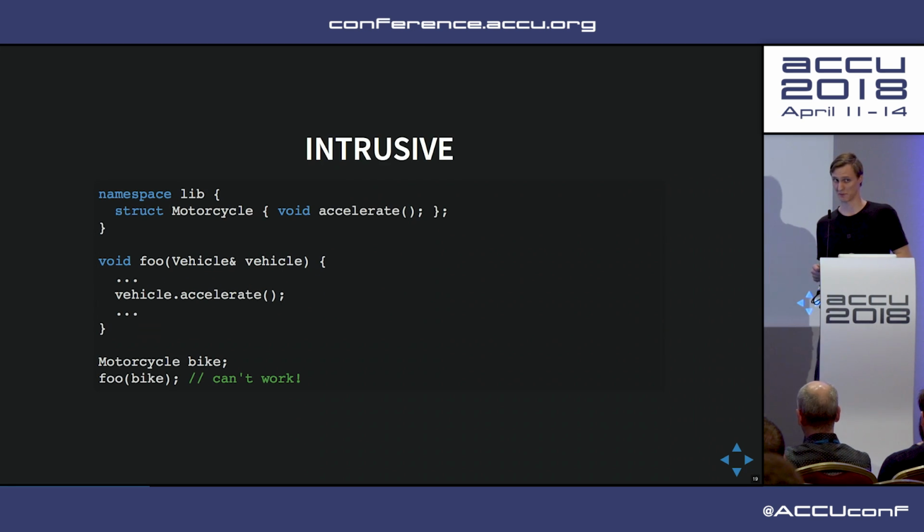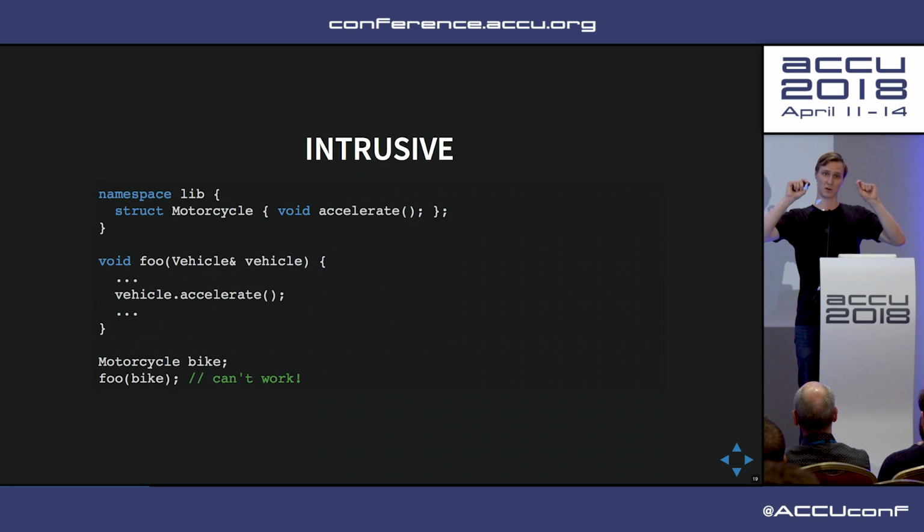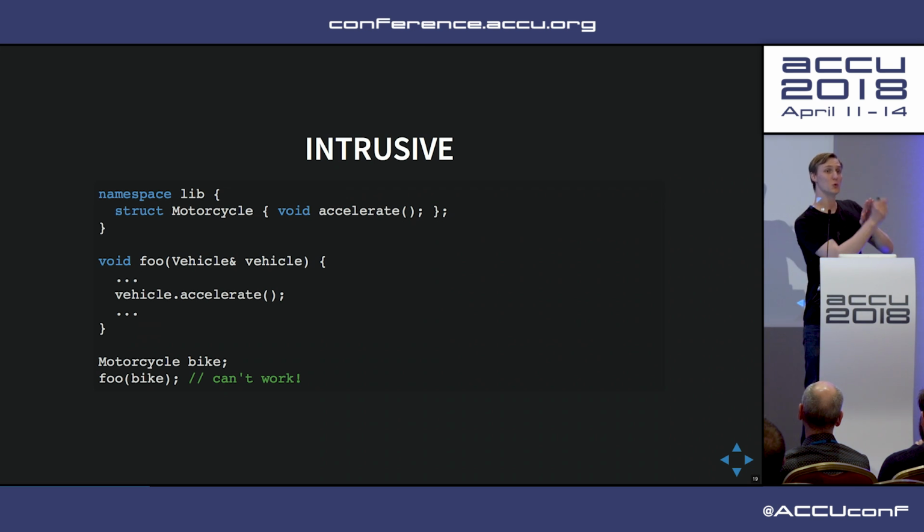And also it's intrusive. Because of this physical coupling between the derived class and the base class, you have to go back into the type and say, hey, you start with this base class. That's very intrusive. If it's a third-party library, or some code which needs to stay ABI compatible, you just can't do it.